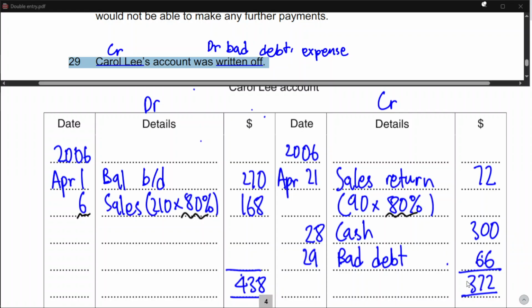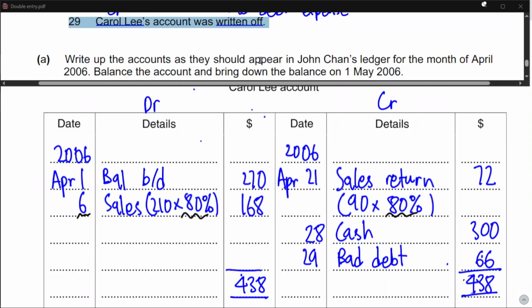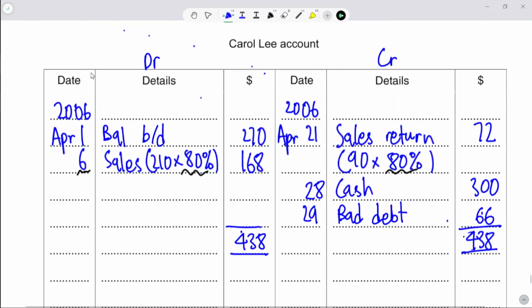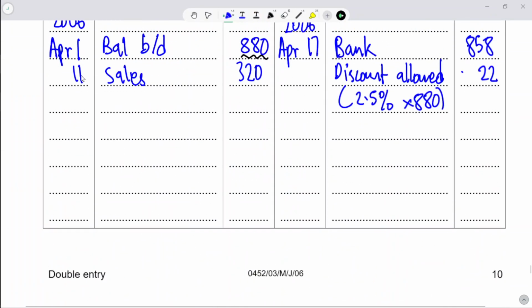Then let's replace the amount. Then you see here, we read back the question already. So we are done.